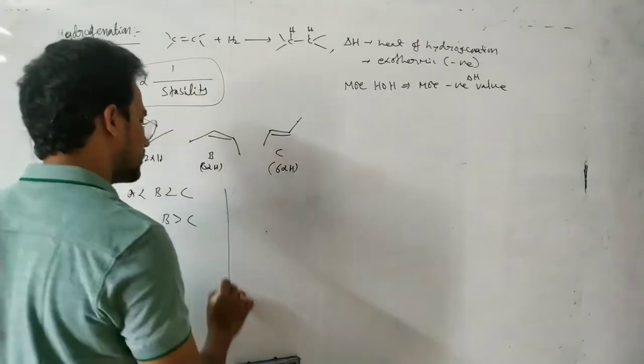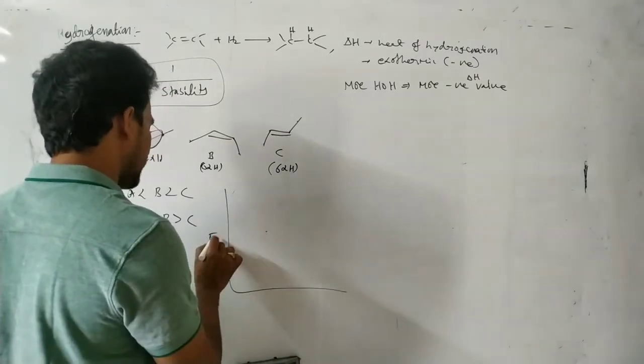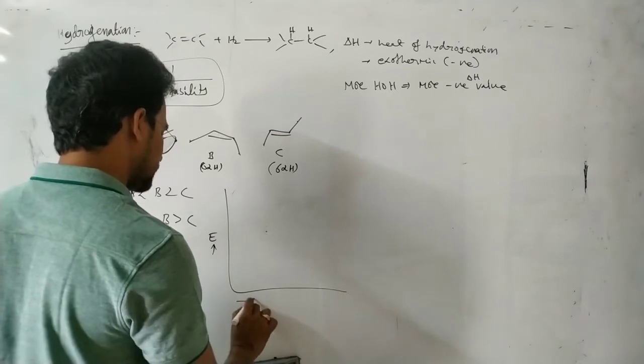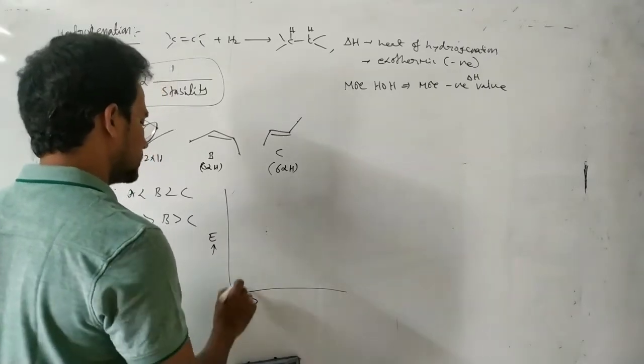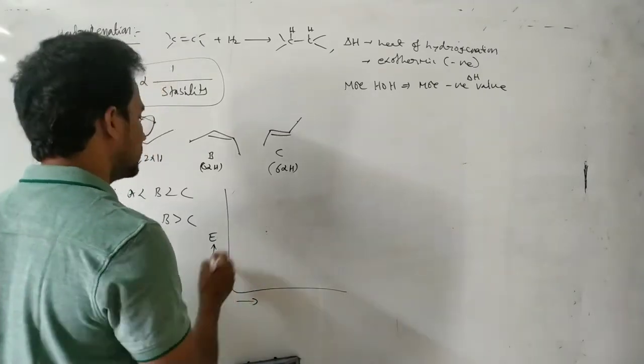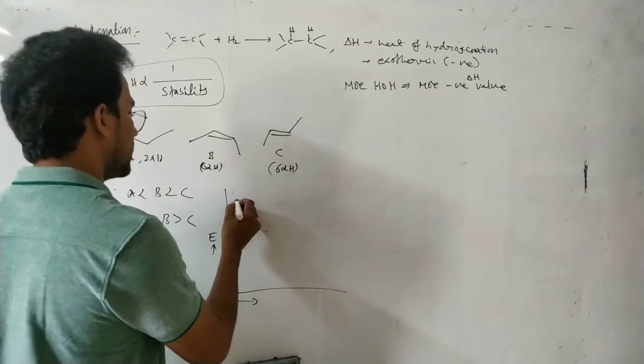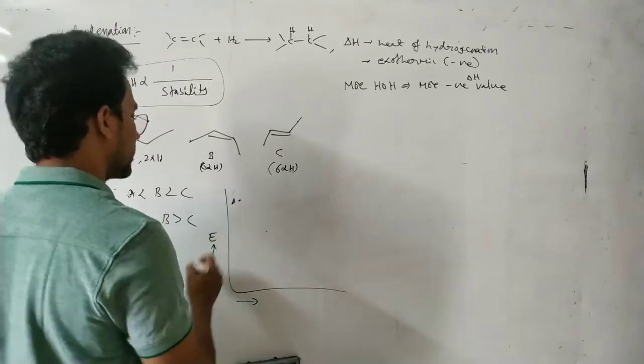This can be explained in a graphical representation. Which one has the higher energy? 1-butene, compound A, has the higher energy.